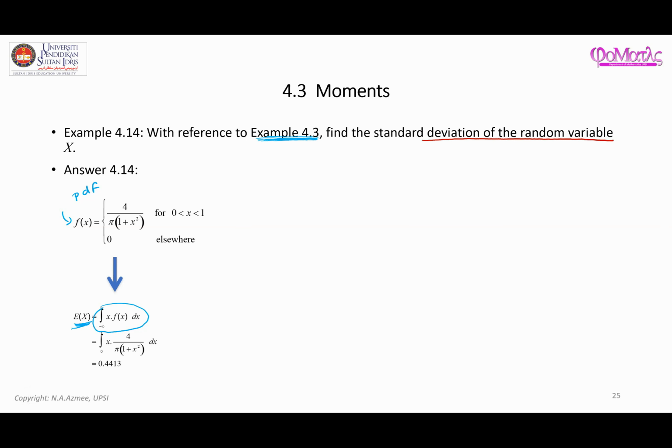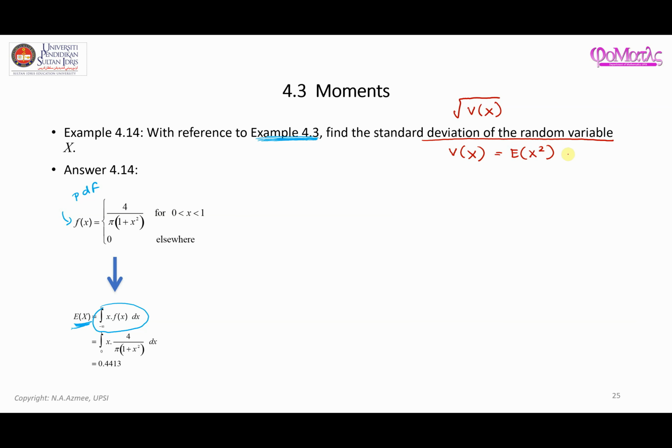So in order to find the standard deviation, of course, you need to find what's the variance first. And then by finding the variance, you can later get the square root of the variance. So you will find the standard deviation of that random variable x. Okay, so again, our starting point is to find the variance of x by using this formula.